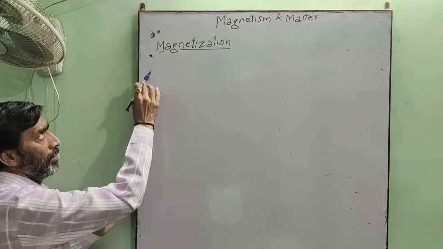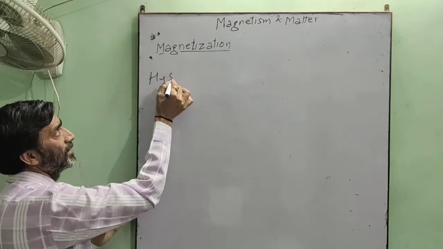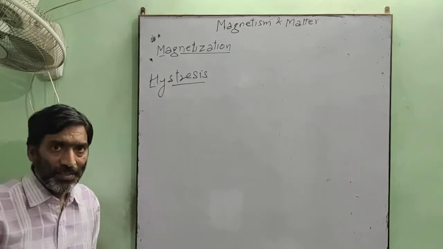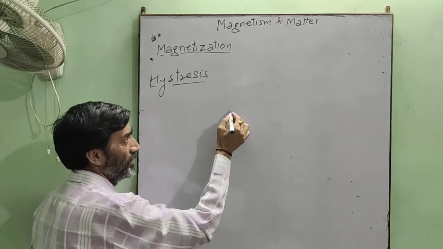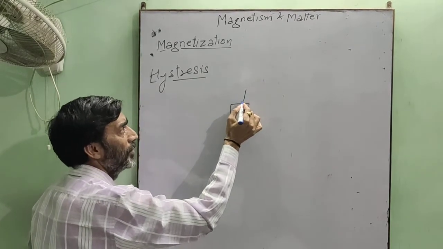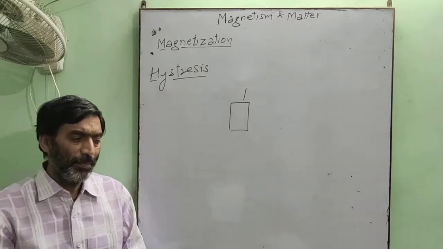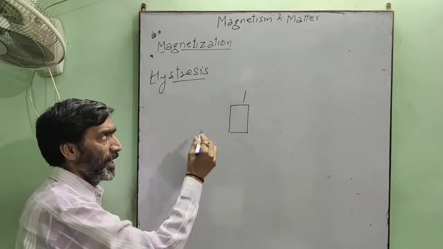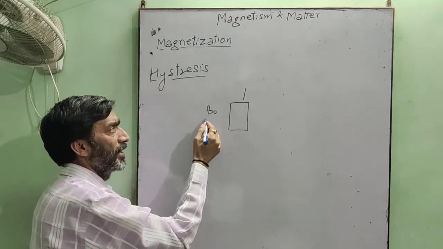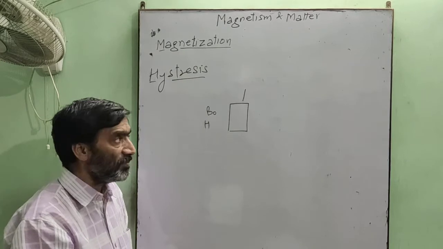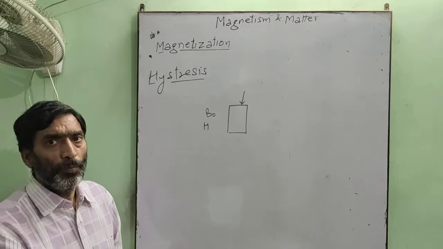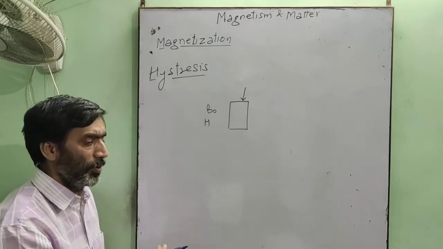Now, the next topic is hysteresis. Suppose there is a magnet and we bring a nail, or an iron screwdriver, near it. If the magnet has a magnetic field, say B naught or magnetizing intensity H, and this screwdriver attains the property of magnetization, becoming a magnet.